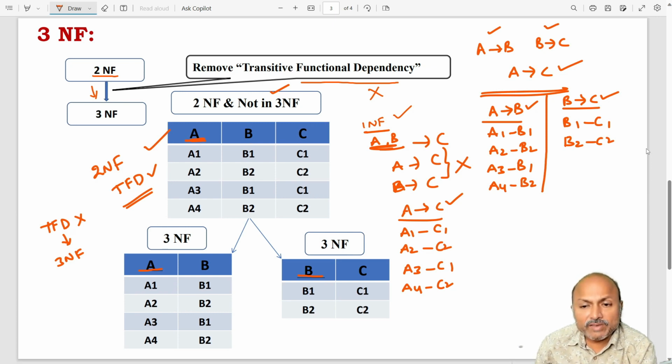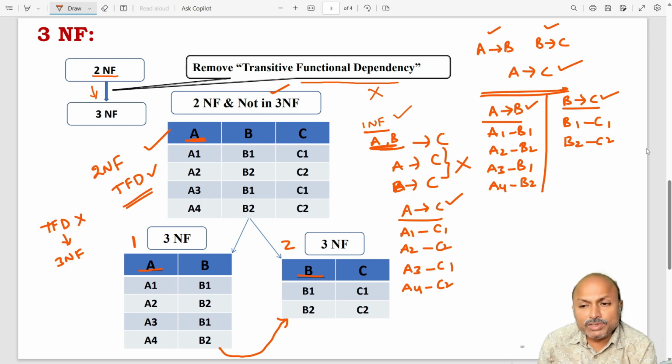In the second table, B is the primary key. In the first table, A is the primary key, and attribute B is a foreign key that references the primary key of the second table.